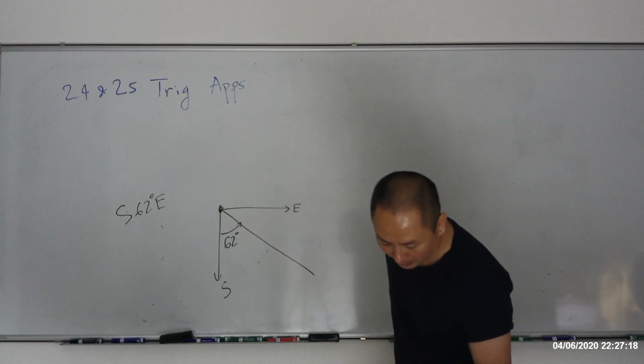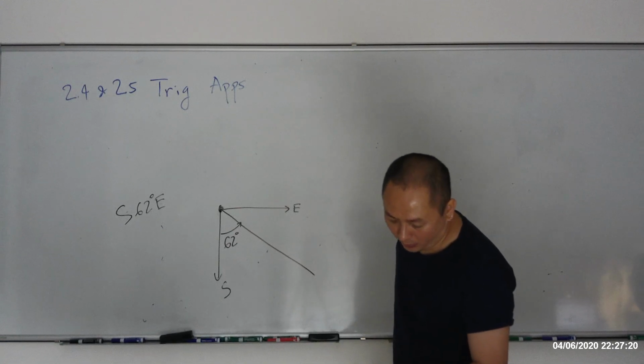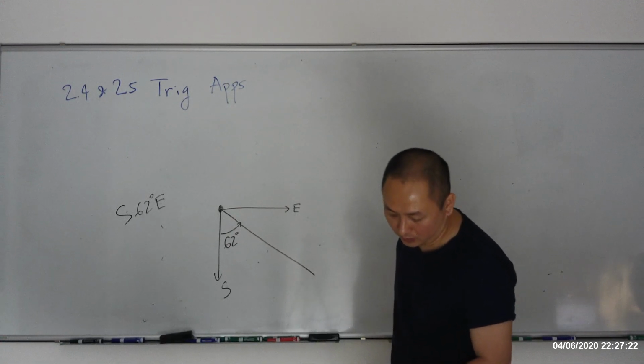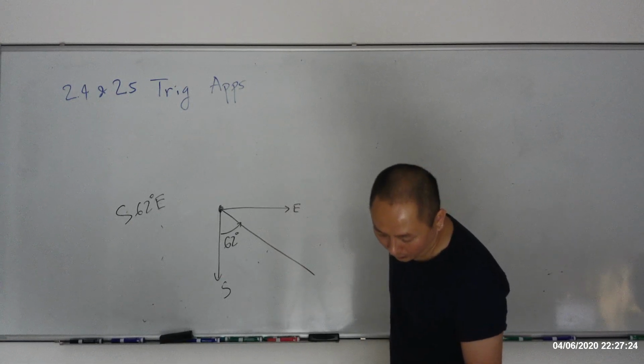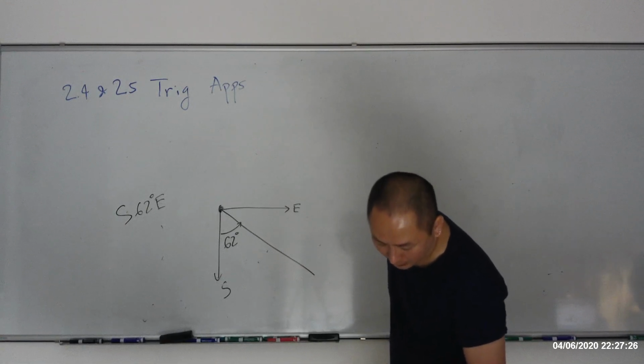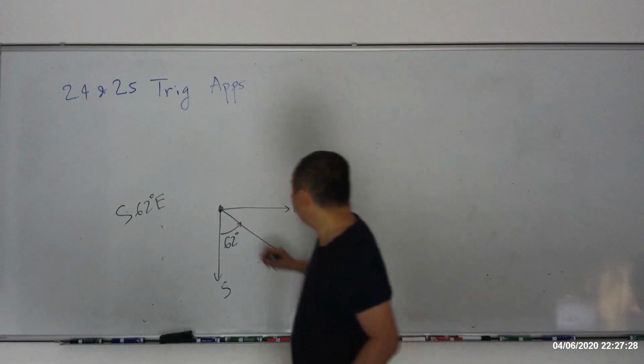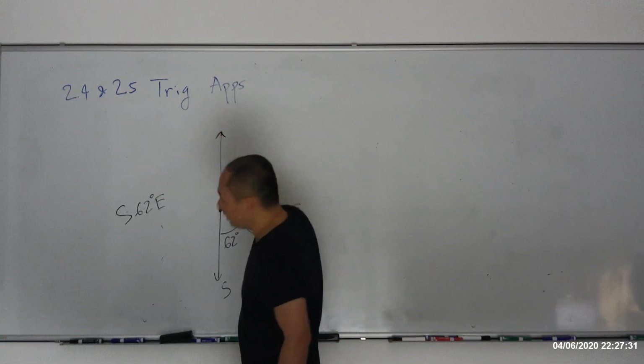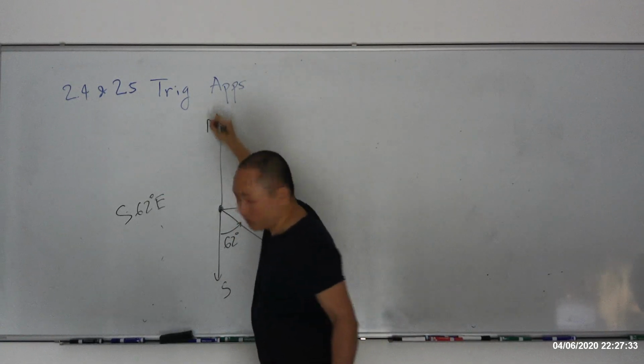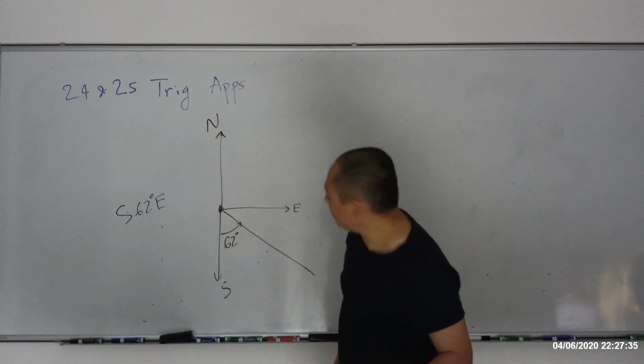And then another ship reaches the same point at the same time and sails on the bearing of north 28 degrees. North is right here. North what? Northeast or northwest? Northeast.